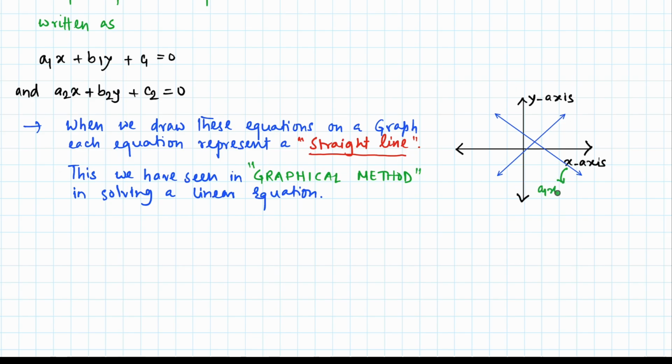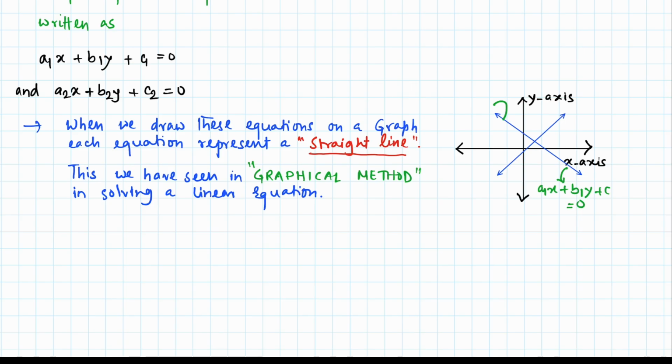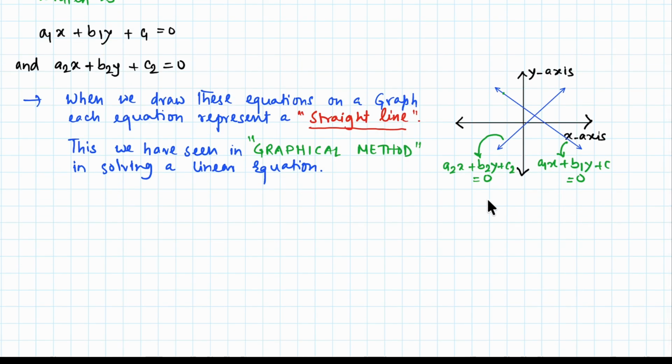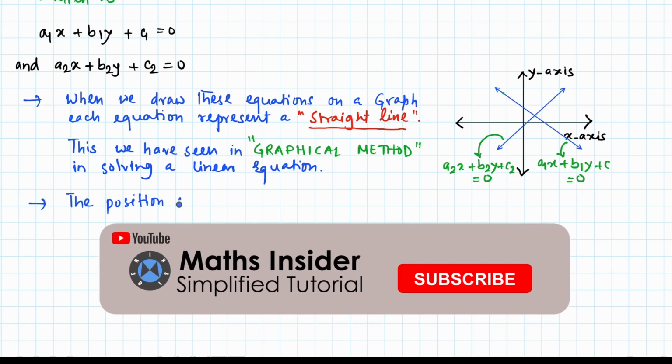For example, I am representing the first line as a1x plus b1y plus c1 equal to 0, and the second line as a2x plus b2y plus c2 equal to 0. That is how we can draw the equations on the graph.